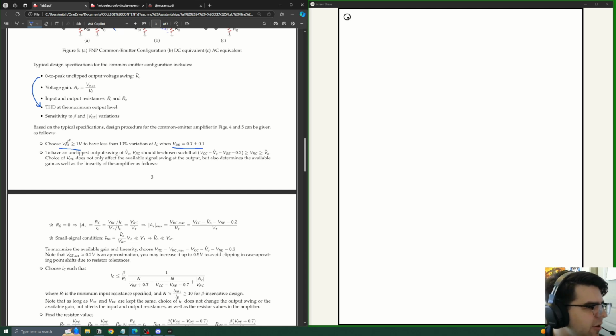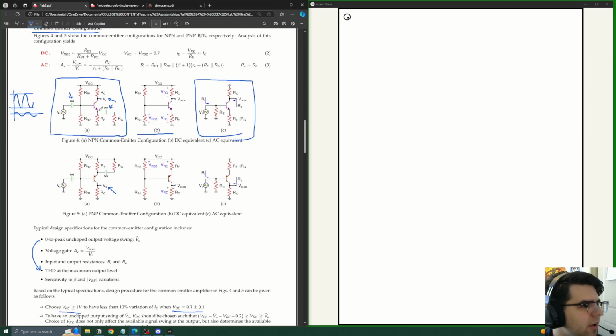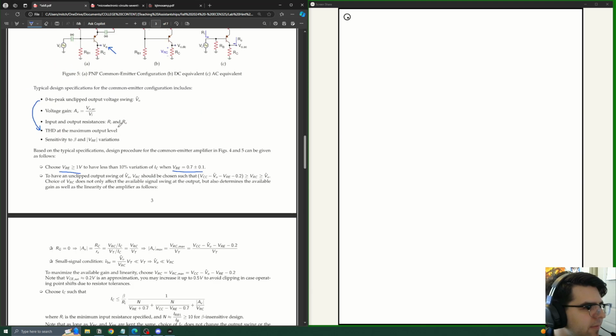First we picked VRE, which is going to be this voltage at the emitter. Then we're going to pick our output swing. So you have the VRE here, and then you pick the output swing that you want, such that now you can pick the VRC. The output swing has to exceed 1 volt in either direction.